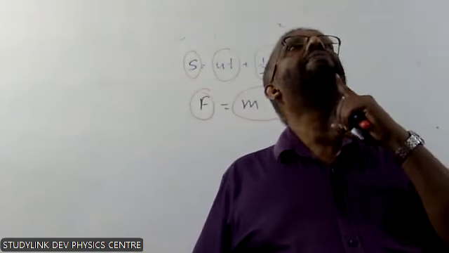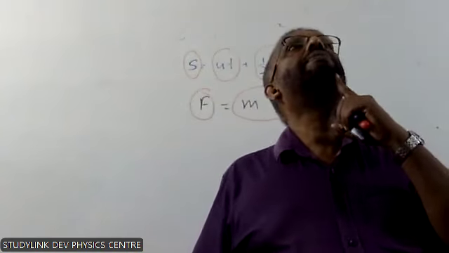So the dimension of S is displacement, L. Dimensions of ut, that is dimension u into dimensions of t. U is LT minus 1. This is t. Again L.